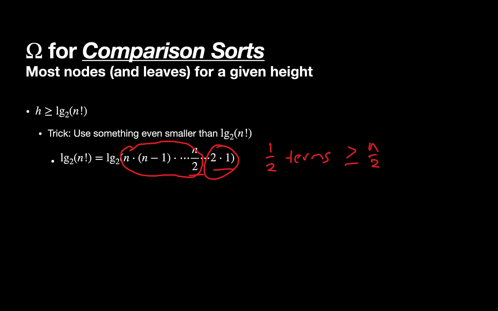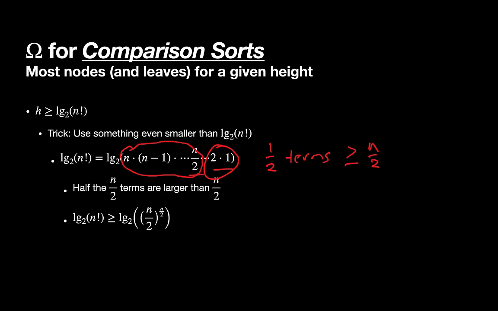So we can come up with something that is actually smaller than this pretty easily just by focusing on that first half of the terms. Half of the terms, n over 2 of them, are larger than n over 2, but then they'd be multiplied by something that's greater than 0. So we could argue that log base 2 of n factorial is greater than or equal to log base 2 of n over 2 to the power of n over 2.